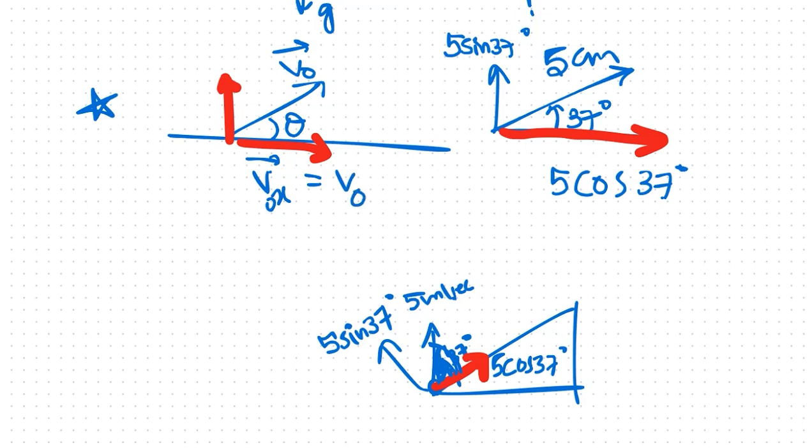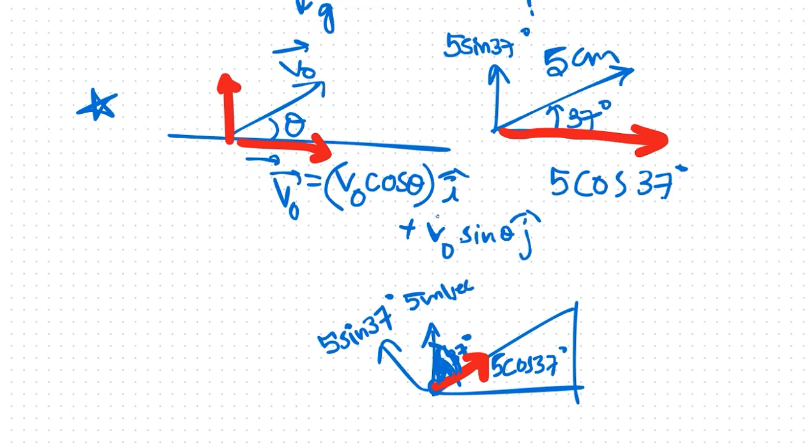So any vector can be written as cos theta i cap plus sine theta j cap, times the length. So v vector can be written as v naught cos theta i cap plus v naught sin theta j cap. So the horizontal component is v naught cos theta, and the vertical component is like this, correct?